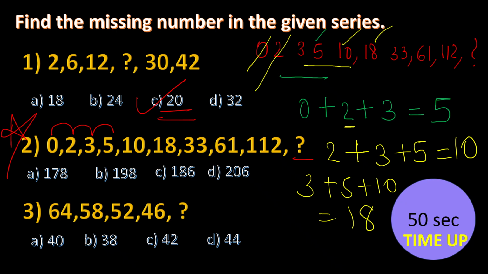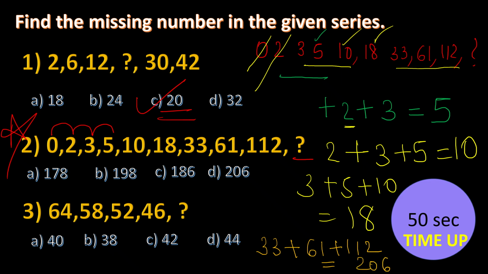So what will be the answer? You should start from what? 33 plus 61 plus 112. Obviously, that will give you the answer. 33 plus 61 plus 112 when you do, you will get 206 as the answer.